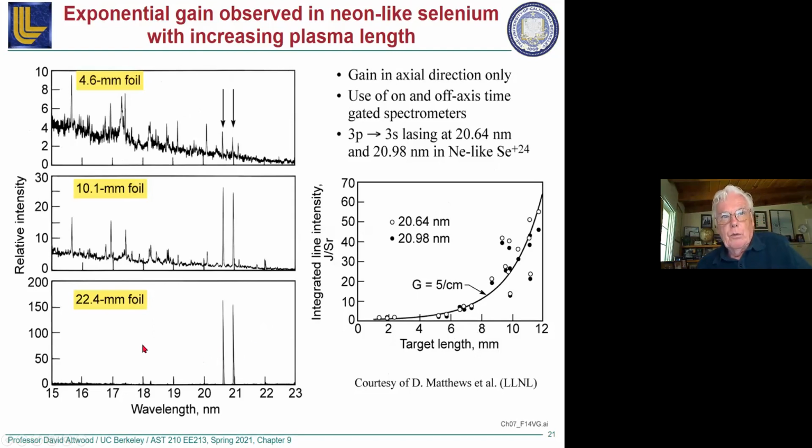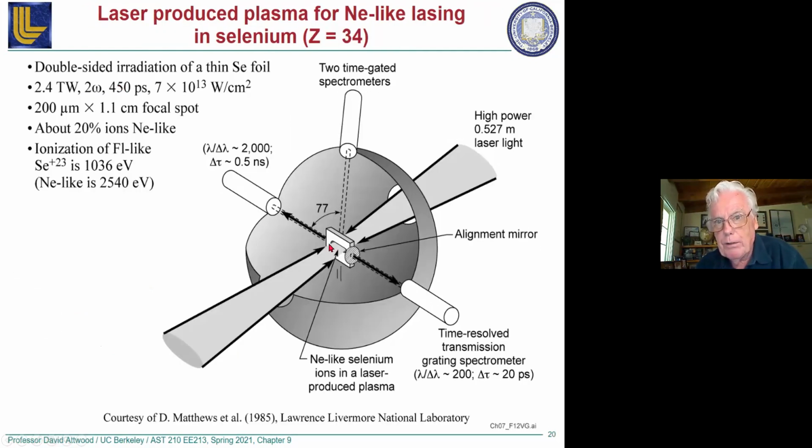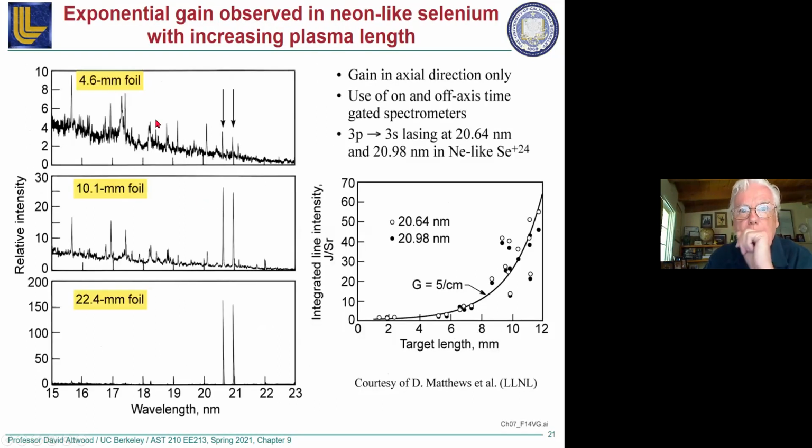And this is what happens. They look at different lengths of foil. So they're going to put different foils in here, some very short, getting longer and longer. And what they see with the short foil is this hair of all kinds of emission lines from the plasma.